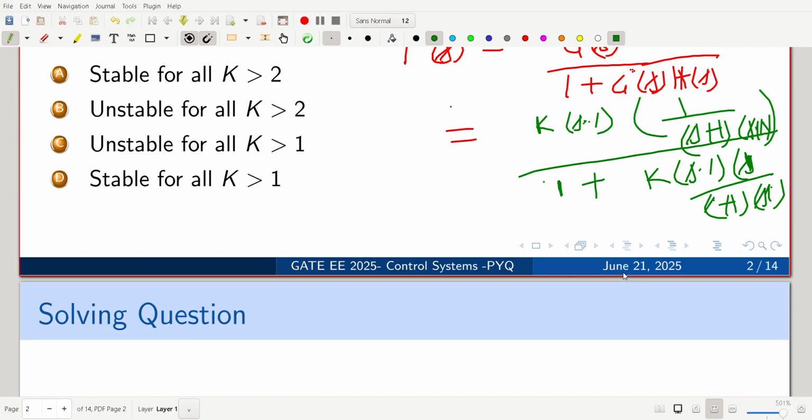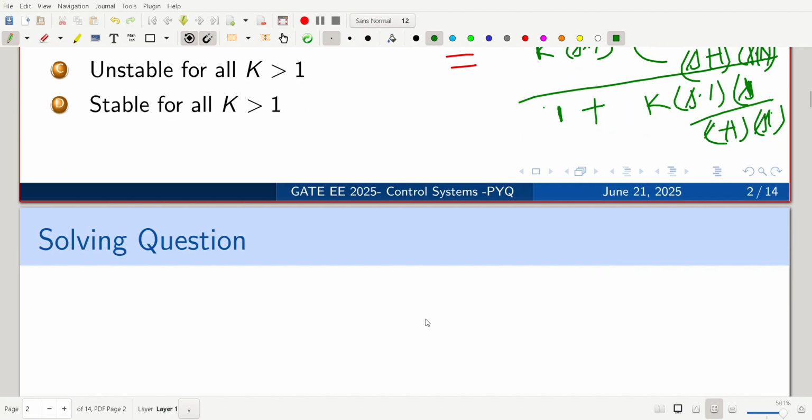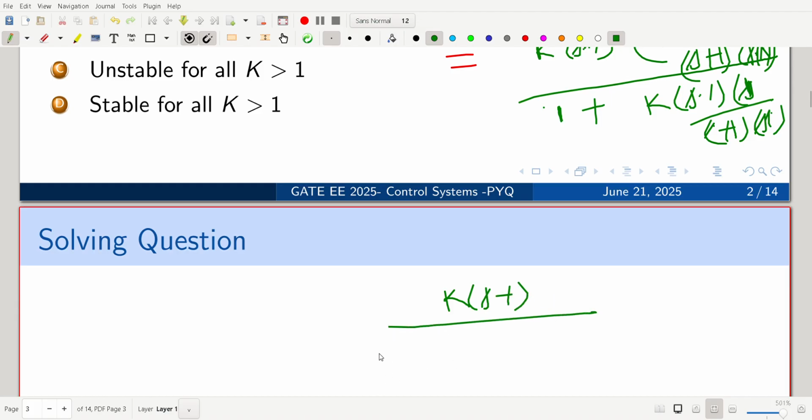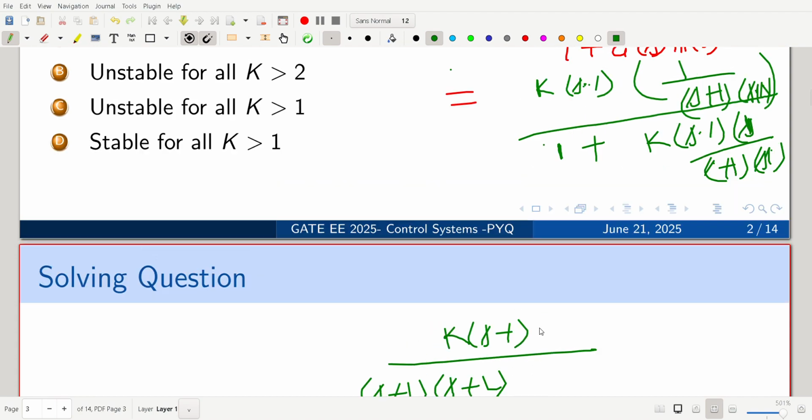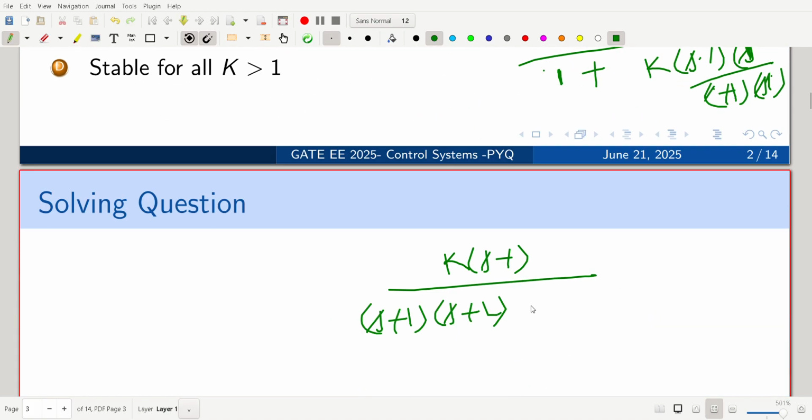Okay, so let us solve and see what we get. s minus 1, s plus 2.